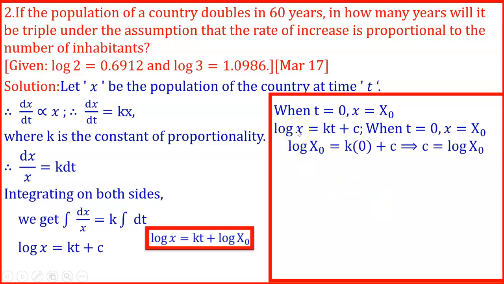Substitute into log x = kt + c: log x0 = k·0 + c. It implies that c = log x0.